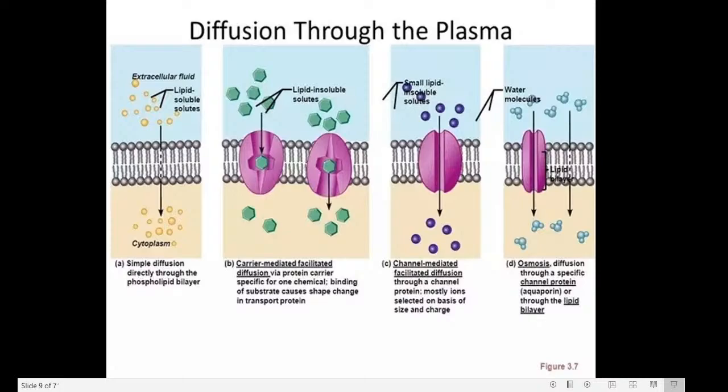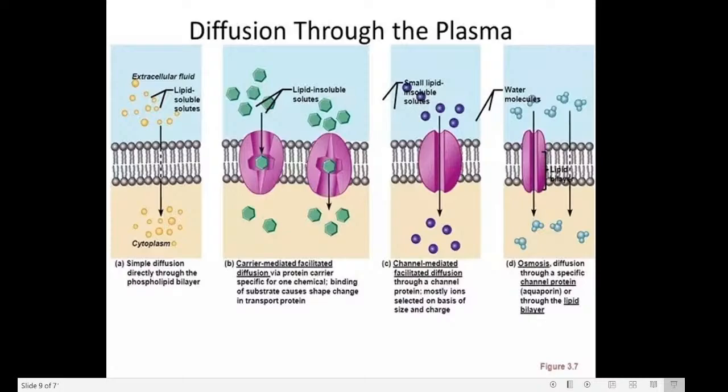But lipid insoluble molecules cannot enter the lipid bilayer, so they enter through facilitated carrier proteins. Those carrier proteins are present in the cell membrane. The transporter proteins receive the lipid insoluble molecule and release it into the cytoplasm.